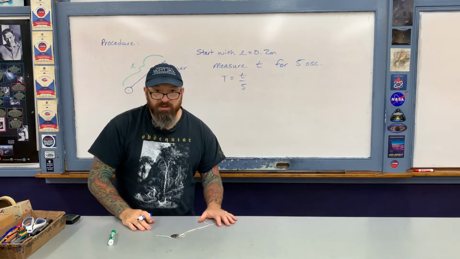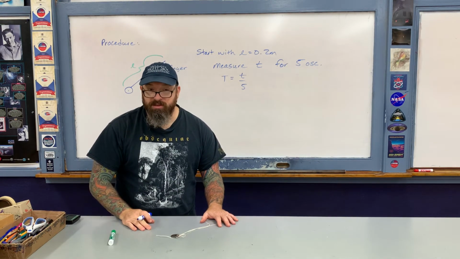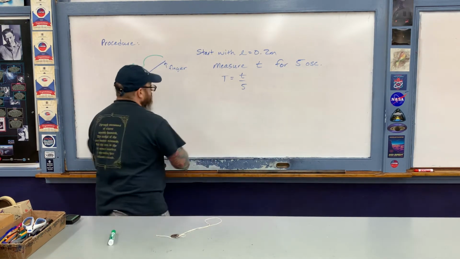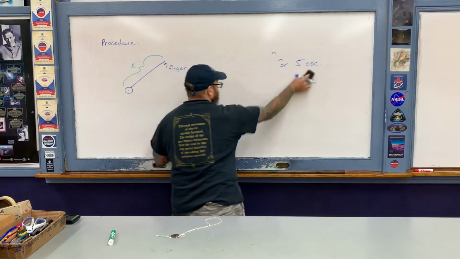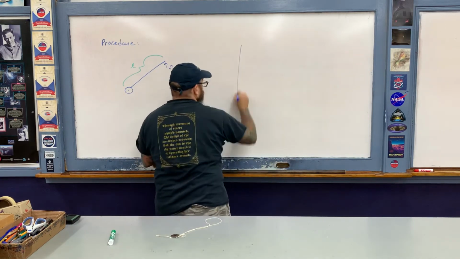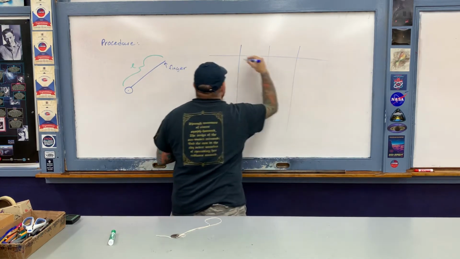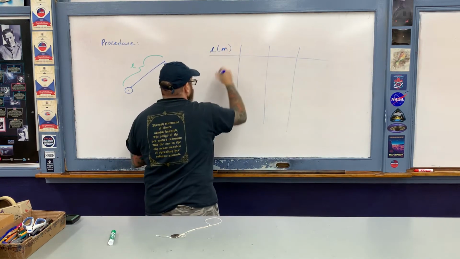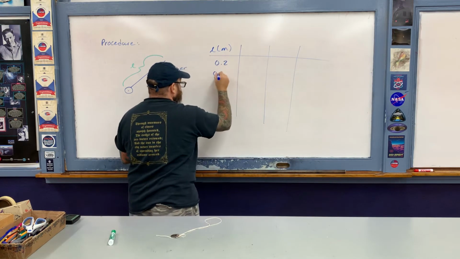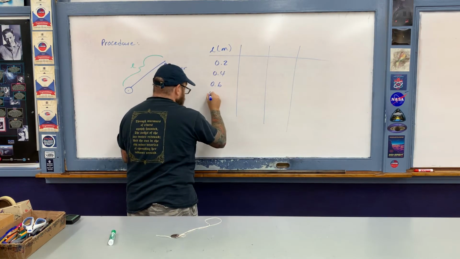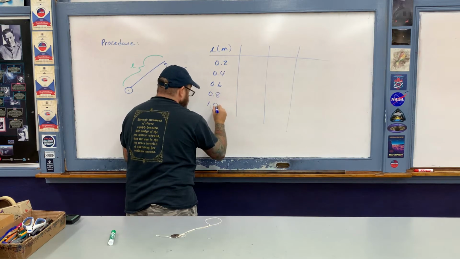Once you've done so for your first trial, go ahead and start to construct the following data table. Your data table is going to have the following columns. First of all, L in meters: 0.2 meters, 0.4, 0.6, 0.8, and 1.0.